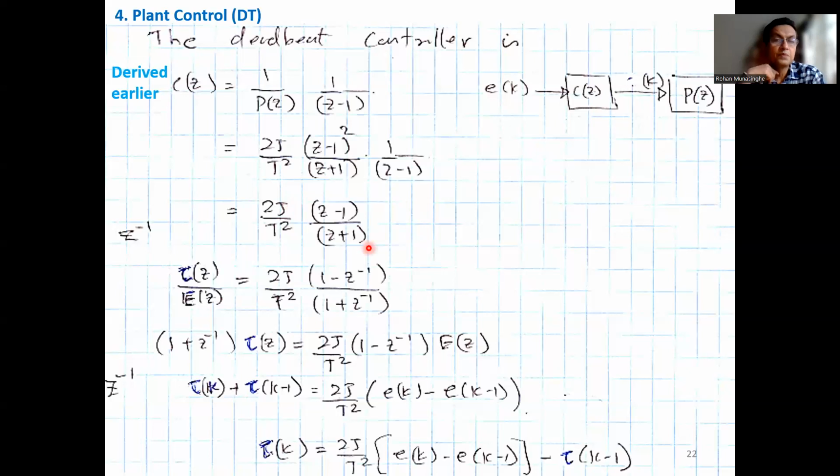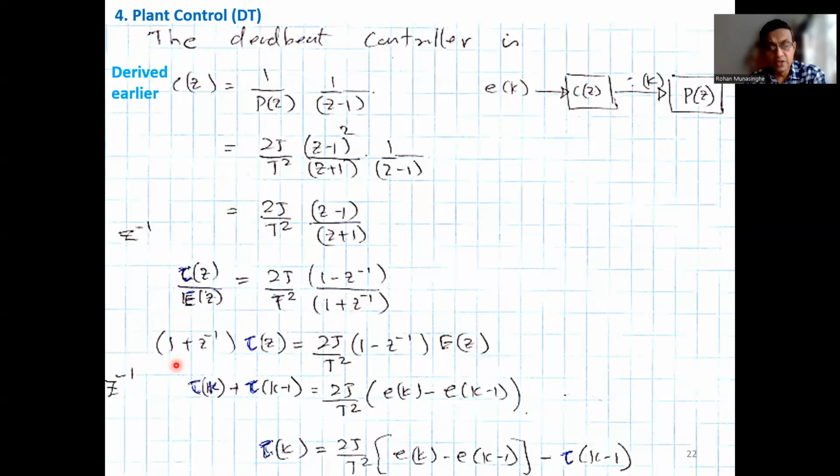And again, now here we convert to the minus powers of z. So this becomes 1 minus z to the minus 1. This becomes 1 plus z to the minus 1. Okay. Now we take inverse z.